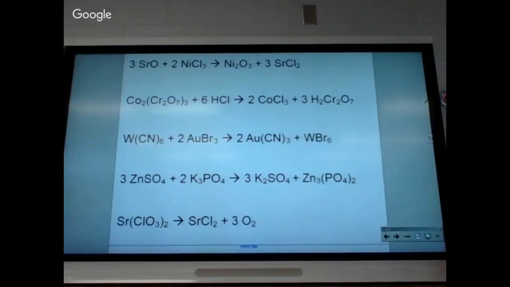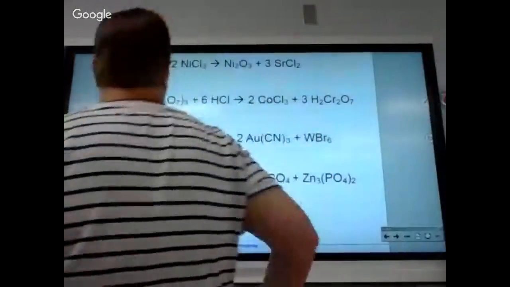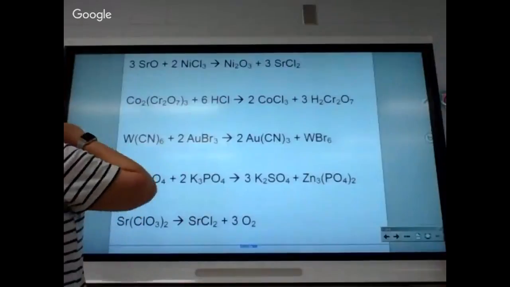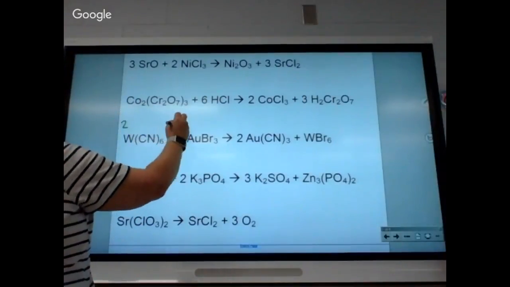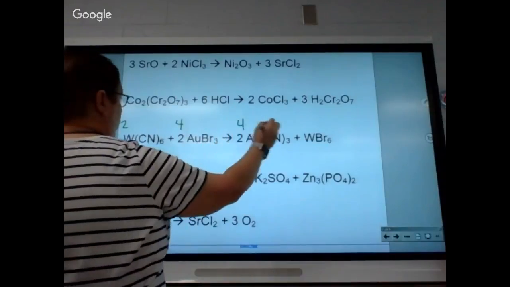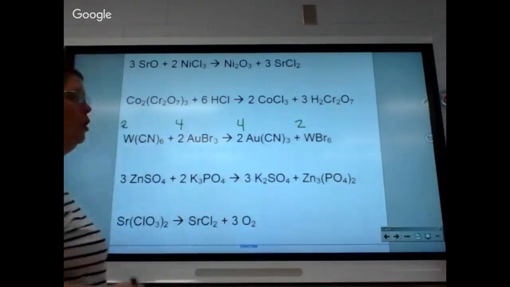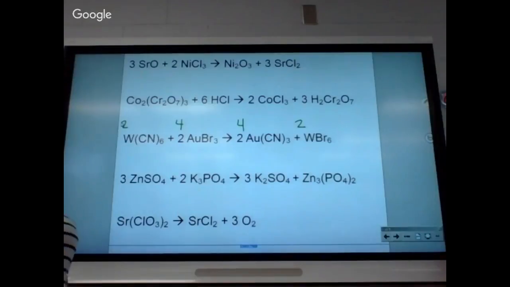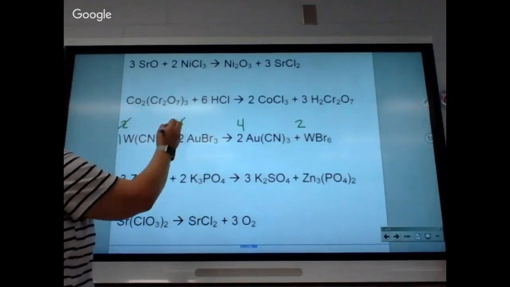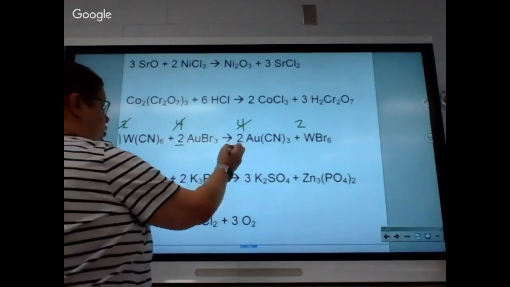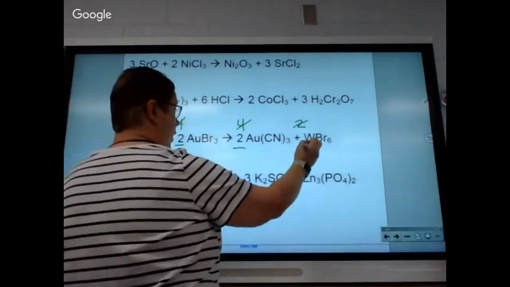So let's just say for a moment that this one you balanced had a 2, a 4, a 4, and a 2 originally. Okay? Then you would reduce to a 1, a 2, a 2, and a 1.